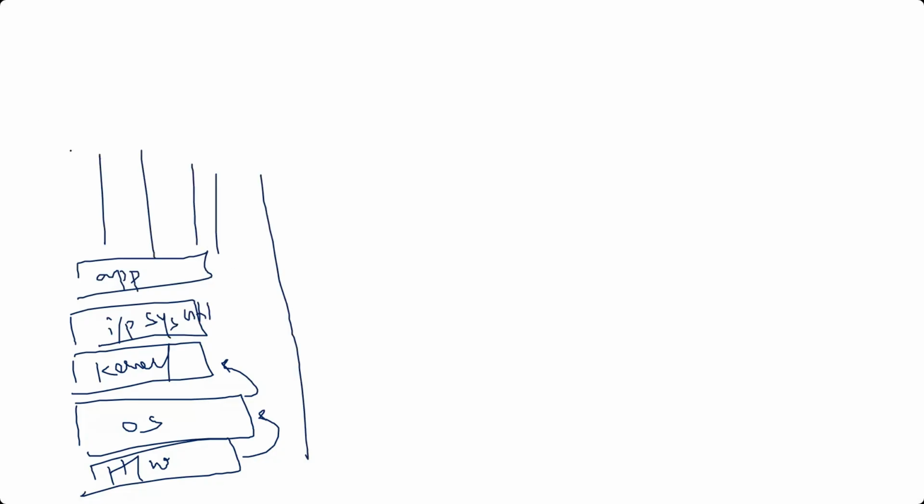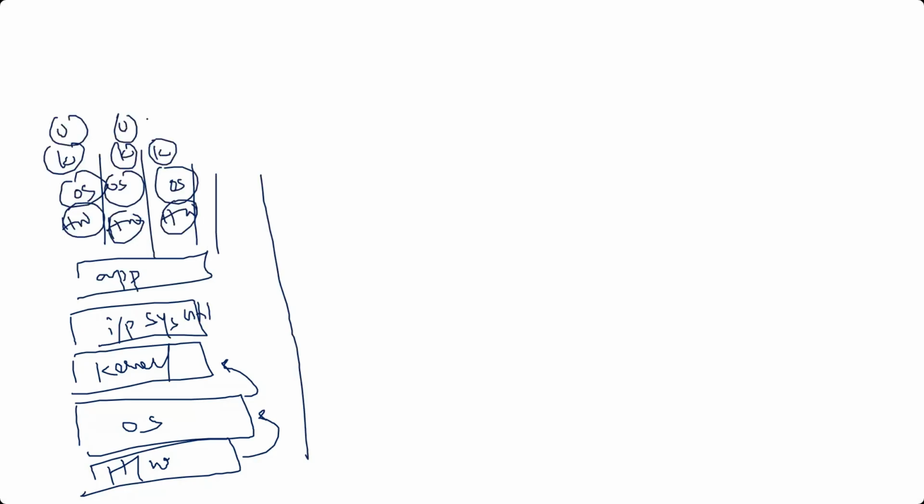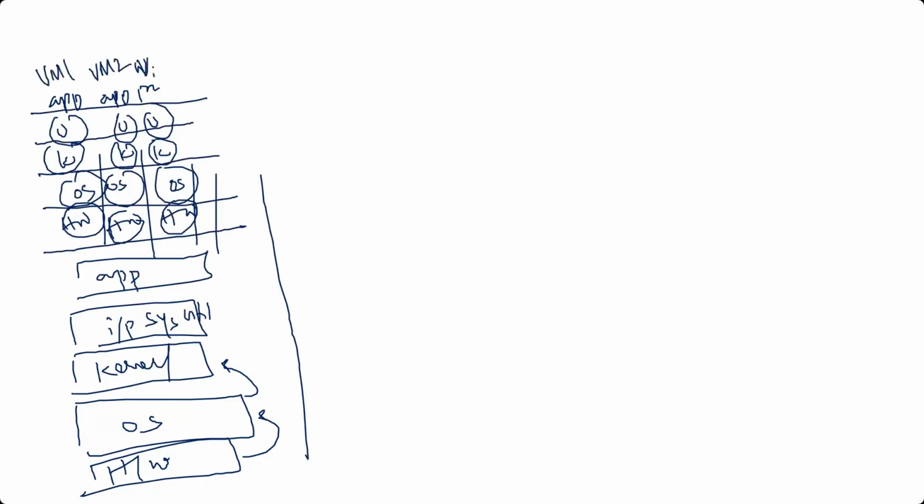So it will create hardware, hardware, hardware, OS, OS, OS, kernel, kernel, kernel, utility program, and app. So for your app layer, you will get three utility layers, three kernels, three operating systems, and you get virtually three machines. From one machine, you created three machines.